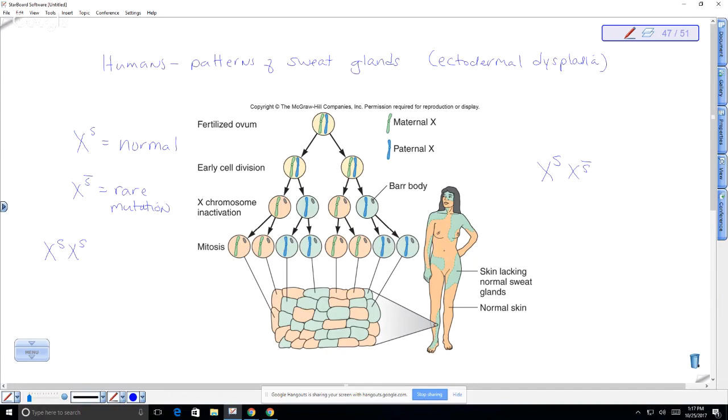We didn't really talk about linked genes, so you can cross that off. We talked about polygenic. We didn't talk about epigenetics, so you can cross off epigenetics. And we have not talked about the genetics of cancer, so you can cross that off. So linked genes, epigenetics, and genetics of cancer. Okay, so I'll see you guys on Monday.